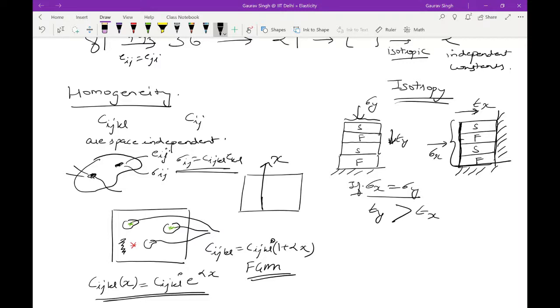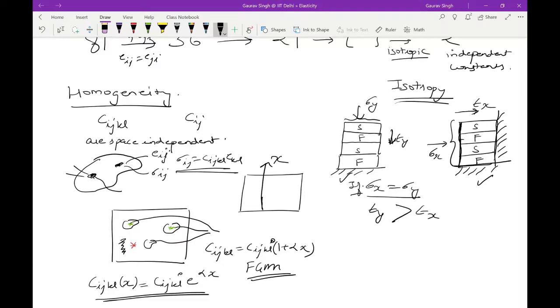So this overall material which we have made responds differently when you apply the same load in the y direction than when you apply the same load in the x direction, and hence this is an anisotropic material.